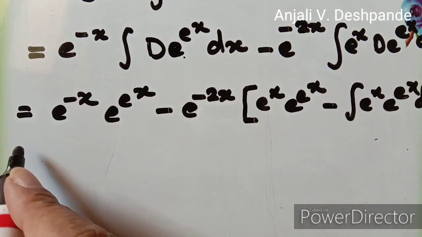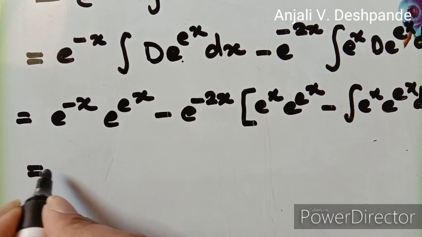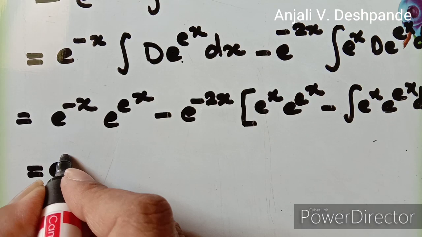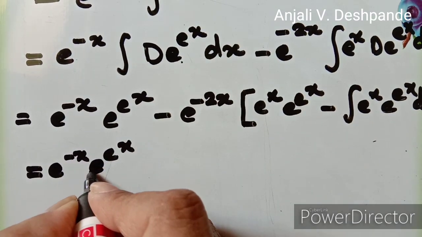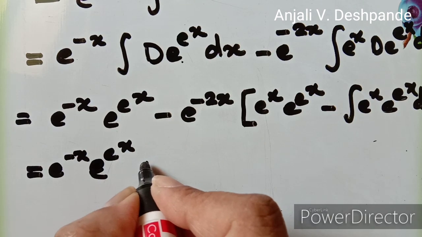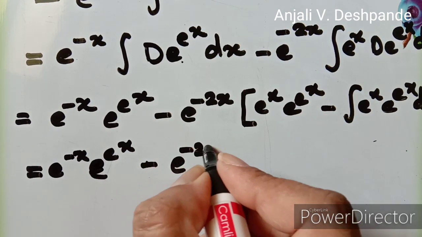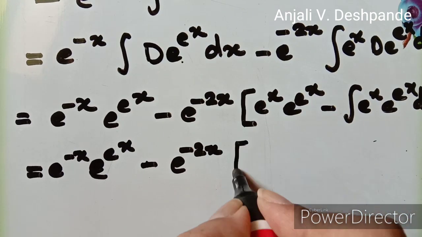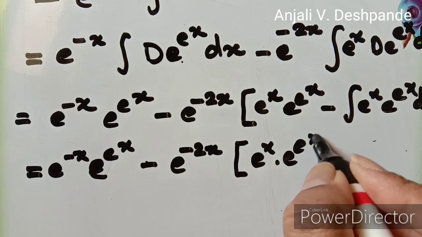So this will be equal to e raised to minus x into e raised to x minus e raised to minus 2x into bracket, we will have e raised to x into e raised to x.